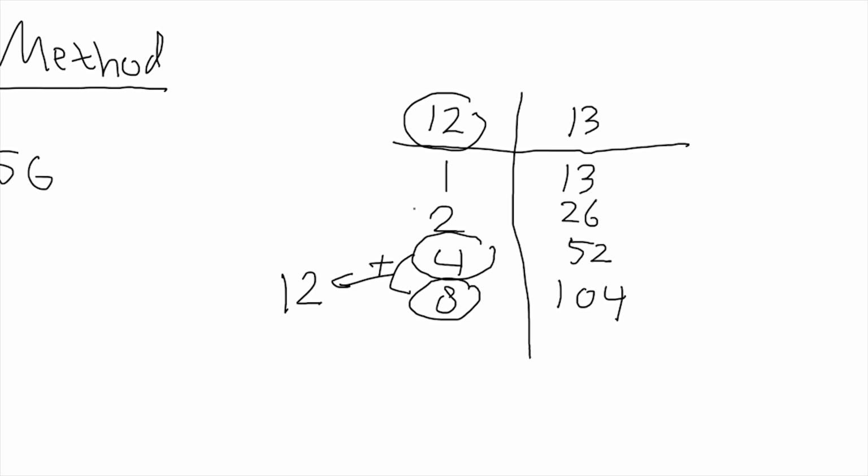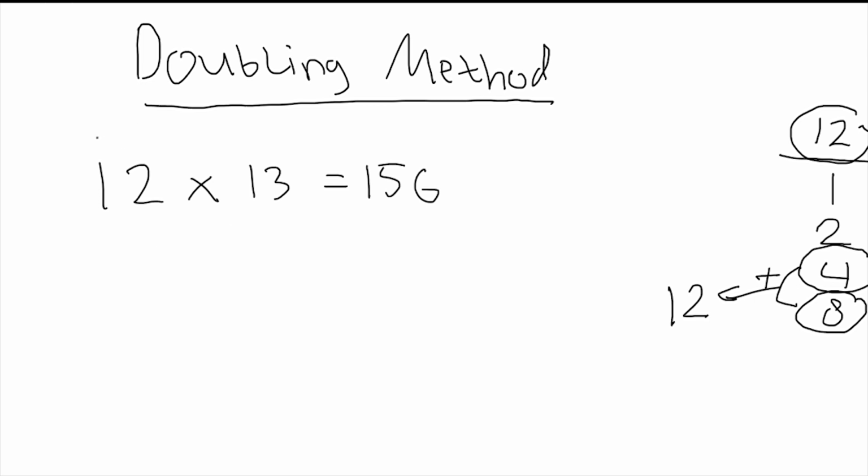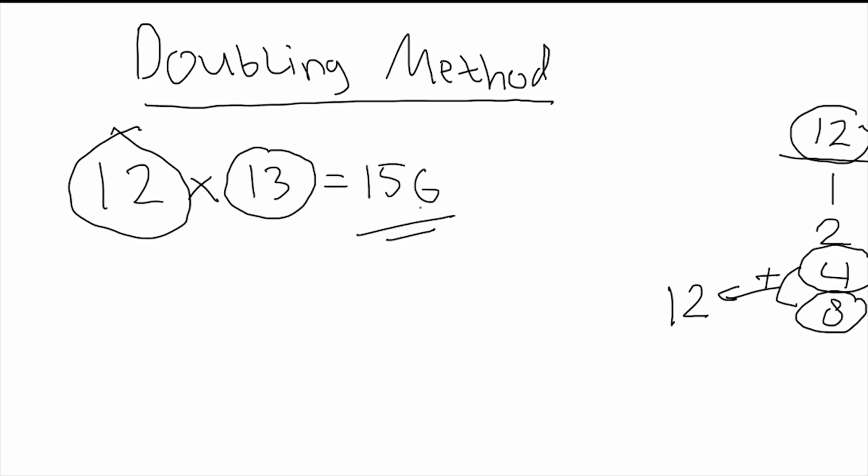Then in the right column we choose the matching numbers, 52 and 104, and then we sum them. It becomes 156. So 12 multiplied by 13 equals 156.